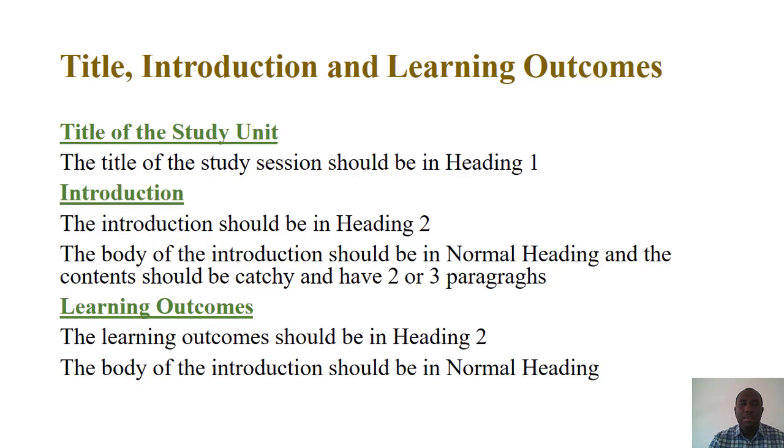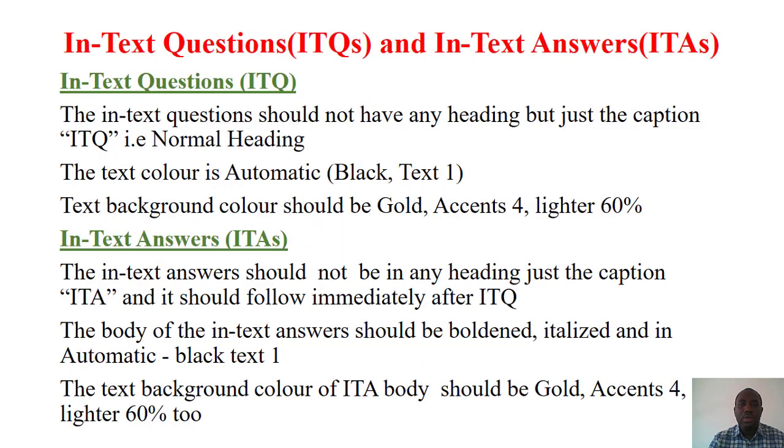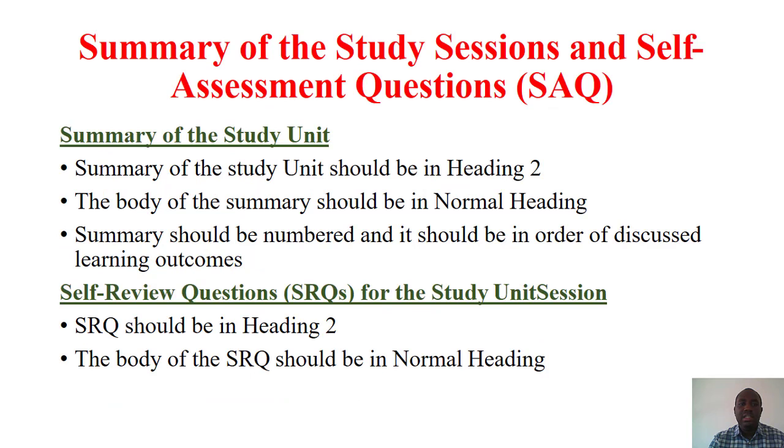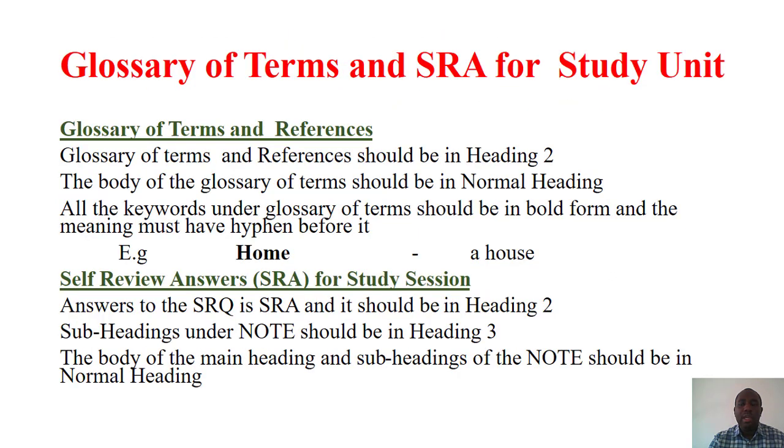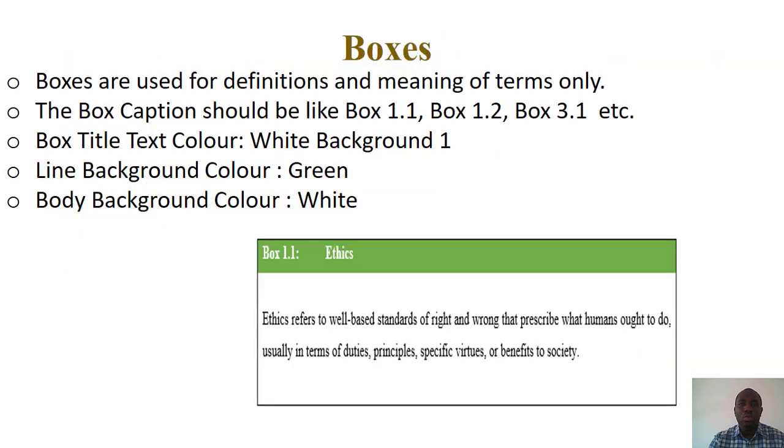Also, this template includes how the structure of the title will look, the introduction, the learning outcomes, the in-text questions, the in-text answers, the summary, the self-reviews, and every other content inside that instructional material should be unique and customized to Kampala International University.